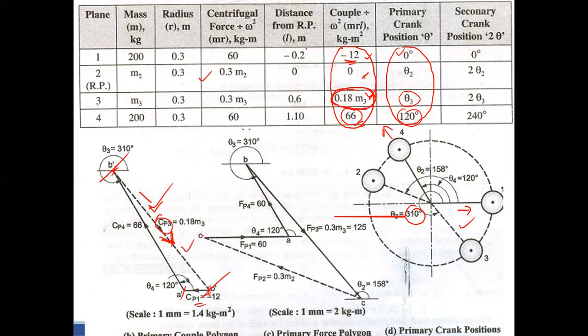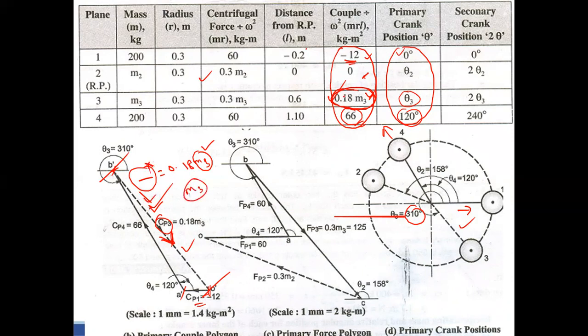You will get some value. That value is equal to 0.18 M3. From this, you can find the value of M3. But when you put the value, you have to multiply with scale. You measure the distance, multiply with scale, and you find the value of M3.